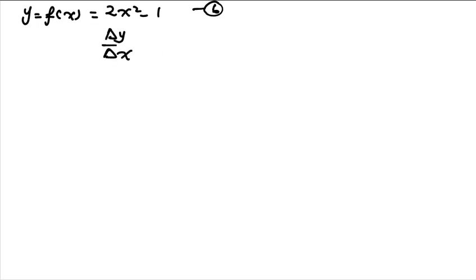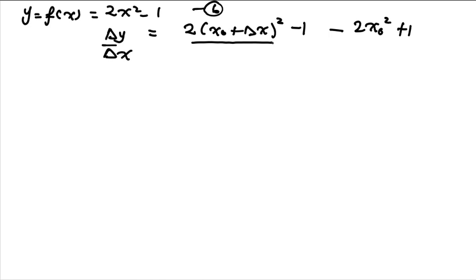So here, let's do it one by one. We have 2x squared, and x squared here becomes (x0 plus change in x) squared, isn't it? And then minus 1. And then minus (2x0 squared minus 1), which gives 2x0 squared plus 1.